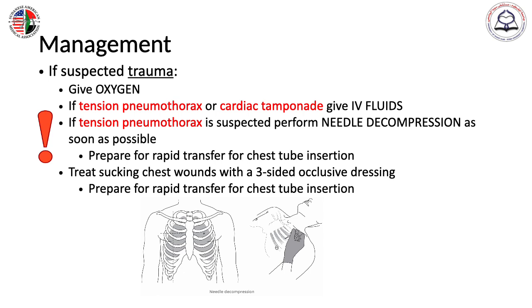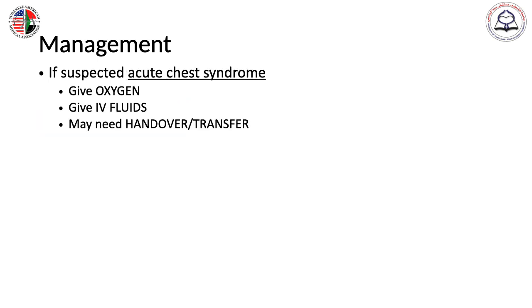For pneumothorax, you can do needle thoracostomy and then you have to place a chest tube. Those with sucking chest wound, put a three-side occlusive dressing and prepare for transfer to an appropriate geographical area. Patients with sickle cell disease and acute chest syndrome need oxygen, they need fluid, and if there is infection they also need antibiotic.